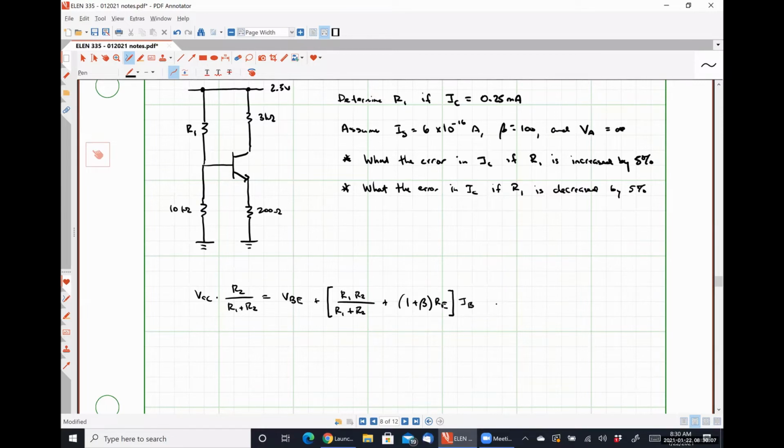So we need to figure out what our base current is as well, right?